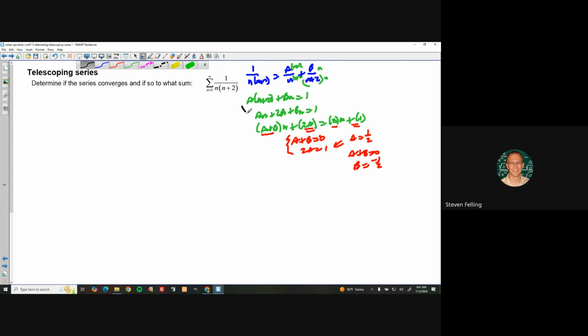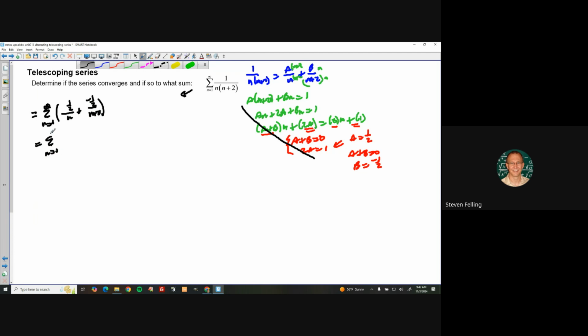Using this work, this series is equal to the series n equals 1 to infinity of 1/2 over n plus negative 1/2 over n plus 2.